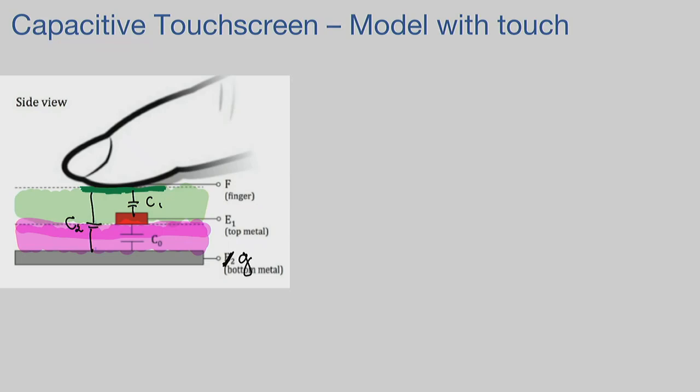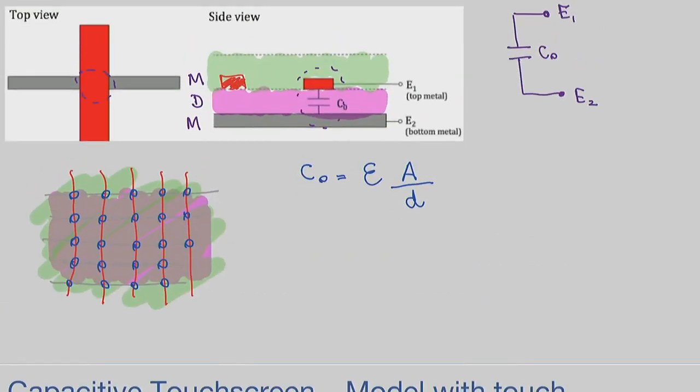Okay, the question is, I drew lots of lines like this, and how come there is no capacitor formed here?